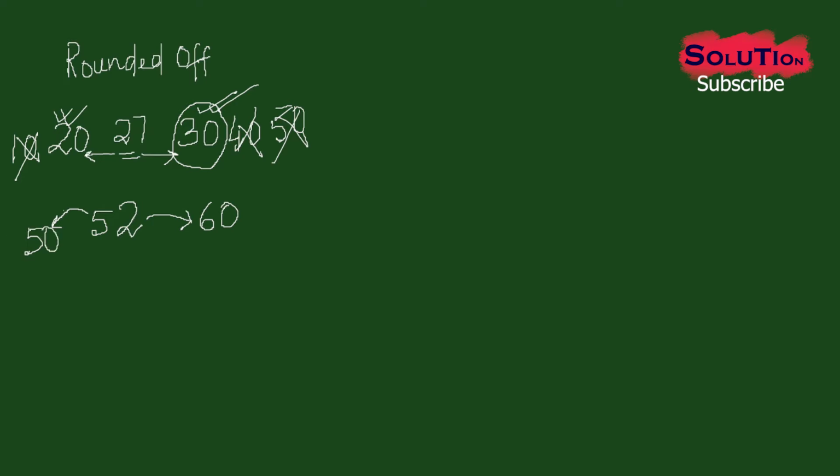So which one to choose? You have to check which number out of 50 and 60 is closer to 52. Now you can see clearly that 50 is closer to 52. So the round off of 52, I'll be taking 50.